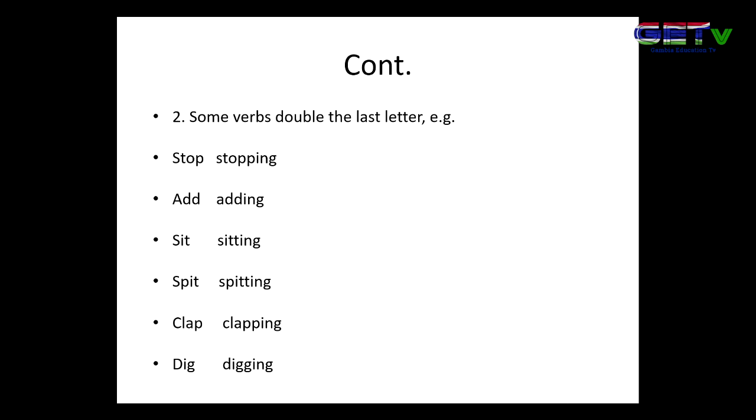Spit becomes spitting. Clap becomes clapping. Dig becomes digging. So words like this that end with such consonants, most of the times, double the last letter and then add ing to form their present participles.